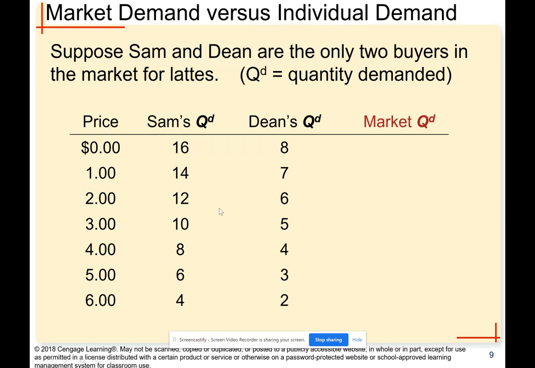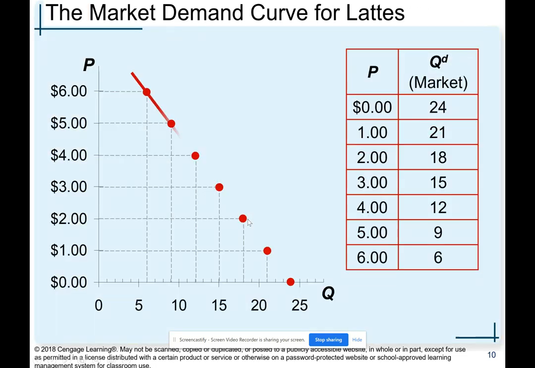And the market demand is simply adding Sam's demand at zero price, which is 16, plus 8. At a dollar, Sam demands 14, Dean demands 7, so we add 14 to 7 to get 21, and the trend continues. So as you can see, the market demand is simply a horizontal summation of Sam and Dean's demand. That is the market demand.